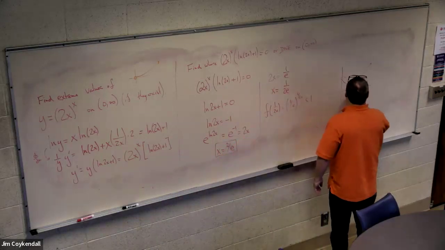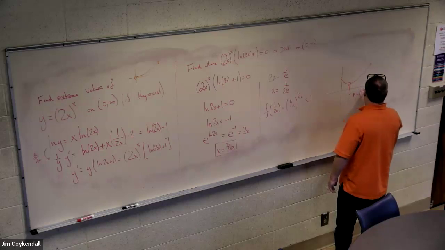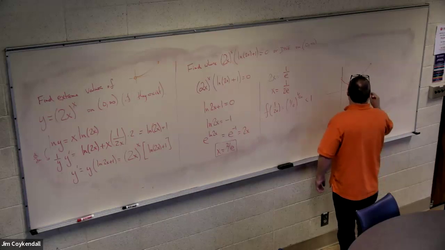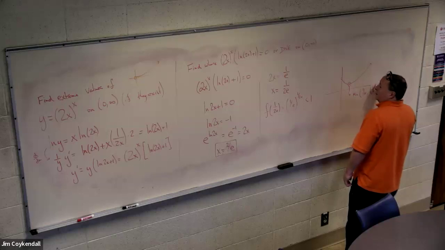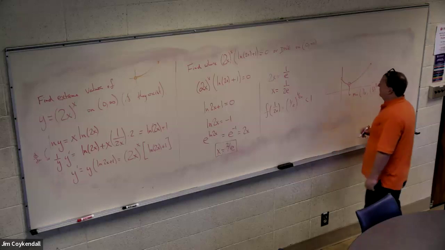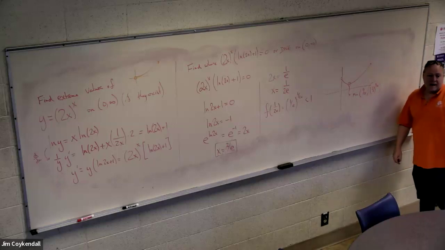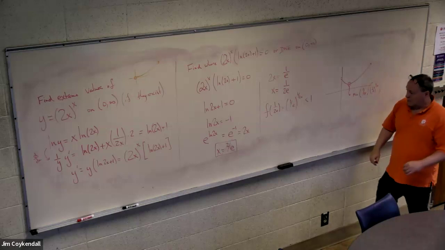You get a minimum, and it occurs at x equals 1 over 2e, with value 1 over e to the 1 over 2e. This is your min value. It goes down to that and then up forever. There is no maximum value, because as you go off the display, it keeps growing.